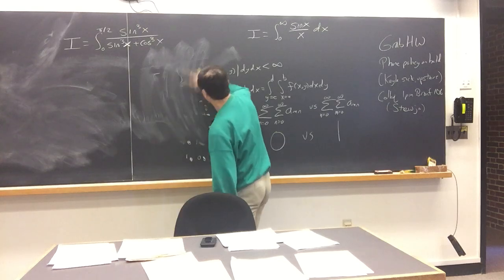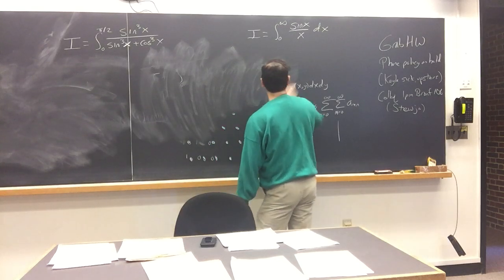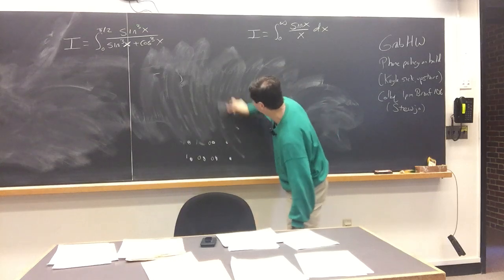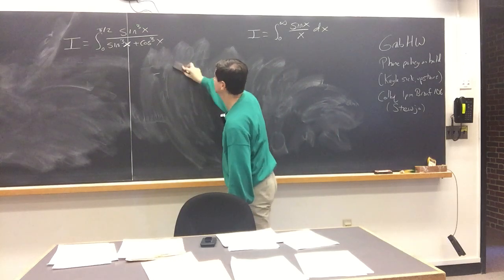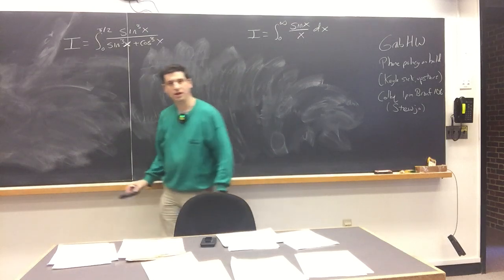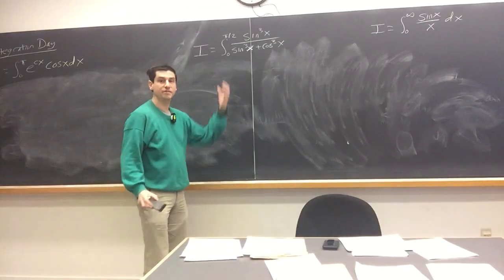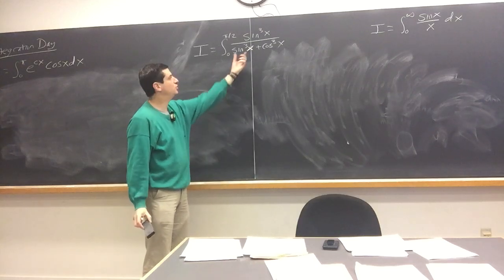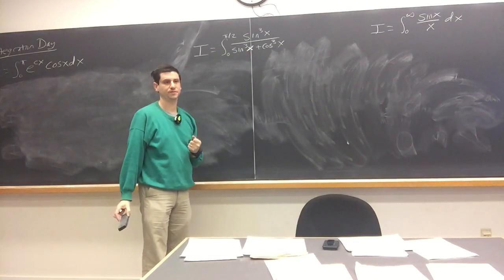Well, the only way it would be 0 is if sines and cosines canceled each other. Fortunately, we're integrating between 0 and pi halves. And in that region, neither sine nor cosine is ever negative. And so at least one of them will be positive. So we don't have to worry about the denominator.